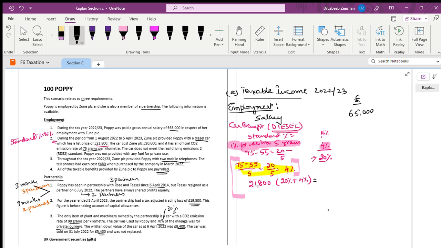21,800 times 24%. It's 5,232. And for how many months?